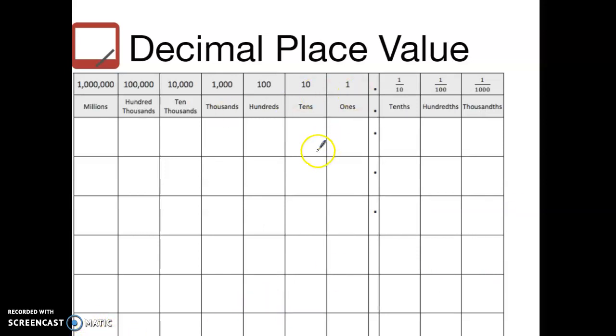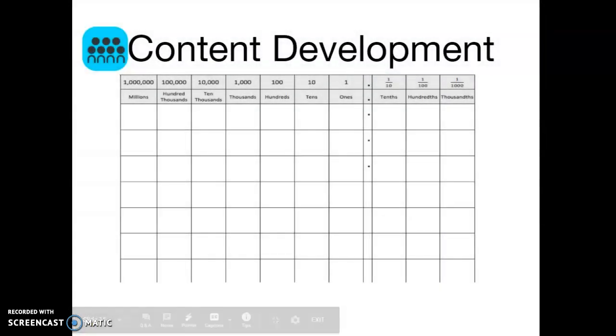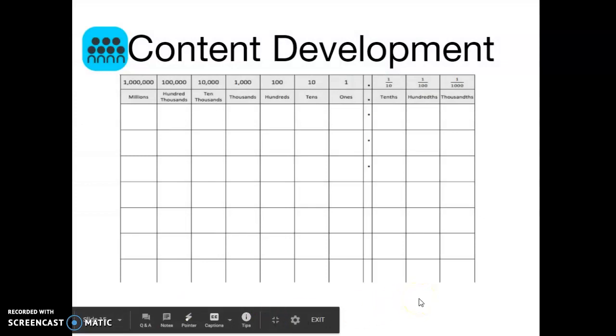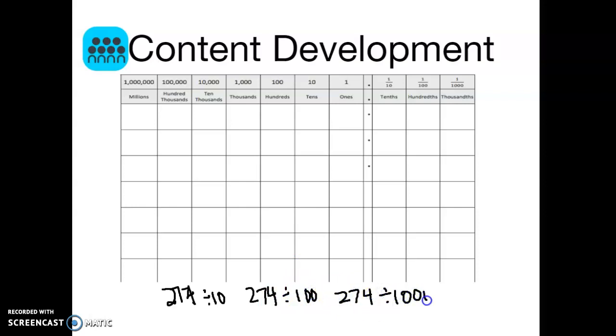Alrighty, so we are going to look at how the value of a number changes when we multiply or divide by a power of 10. That's essentially our goal today. So let's take a look at these 3 equations. Let's say we have 274 divided by 10, 274 divided by 100, and 274 divided by 1,000.